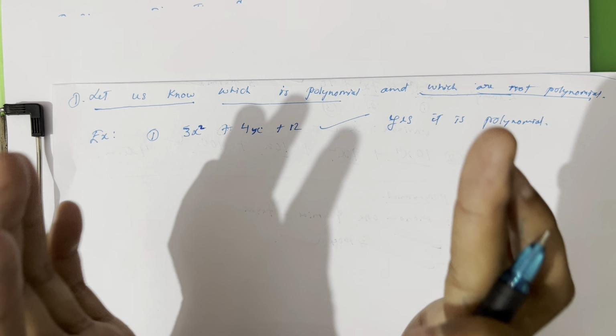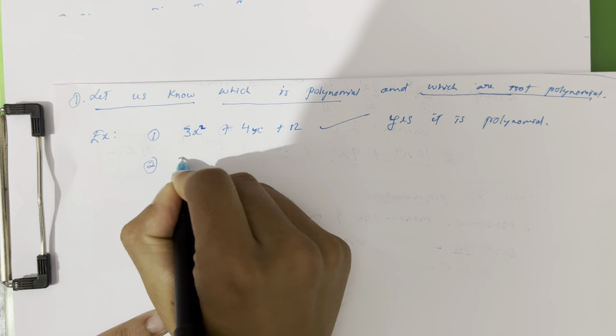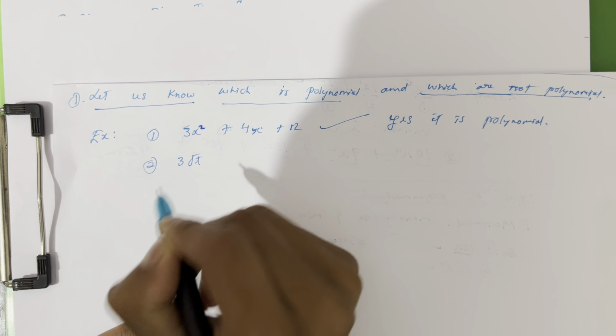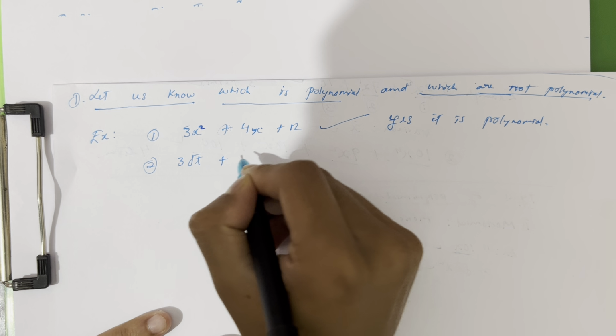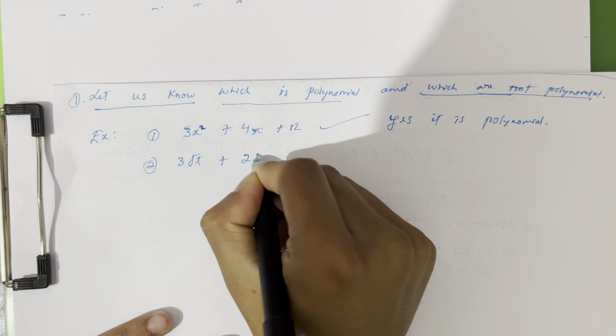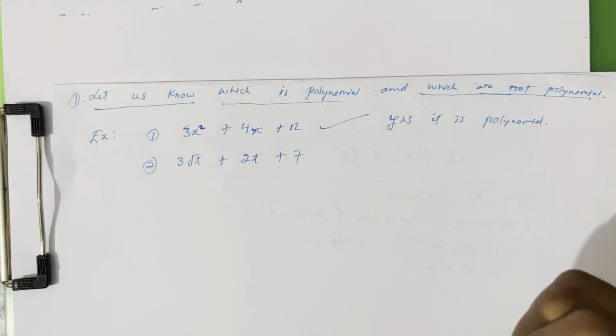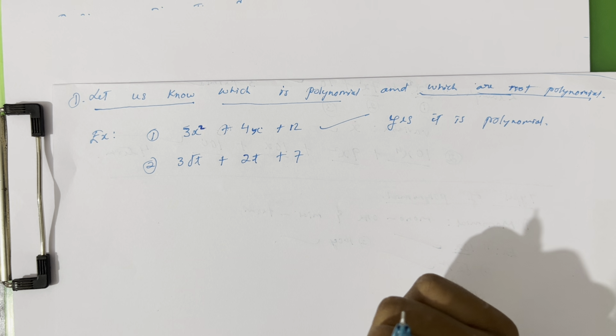Okay, let me give you another example. The second example is 3 root t plus 2t plus 7. Now I'm going to ask you, is this a polynomial?